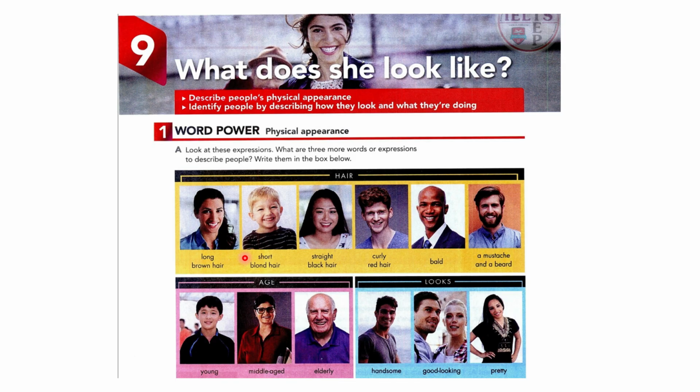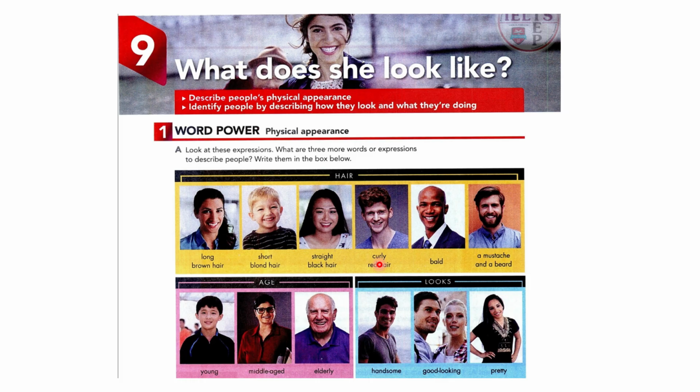I won't talk about that in detail for now, but you need to understand this structure and memorize it like that. First, the shape, and then the color. Short blonde, long brown, straight black, curly red. The shape of the hair goes first, and then the color.